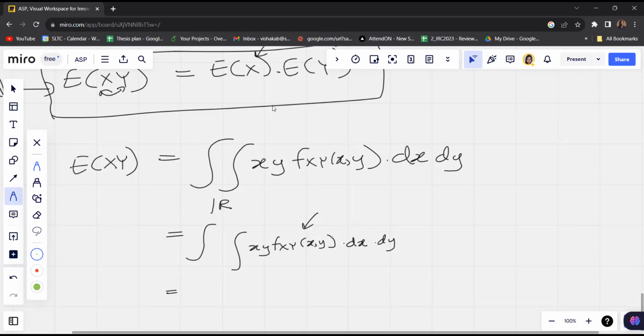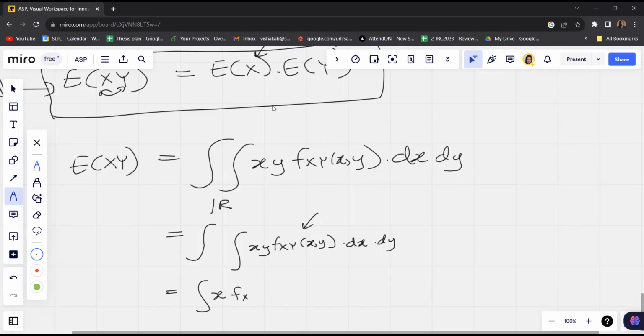So since there's no relationship between these x and y random variables, this integration we can write as x behaving separately, y behaving separately.